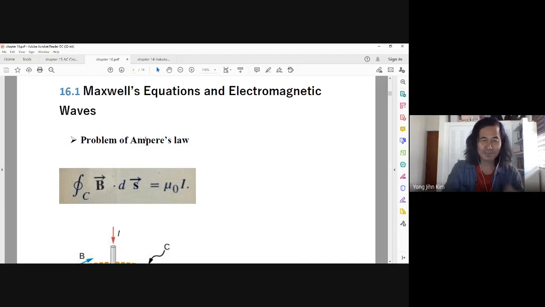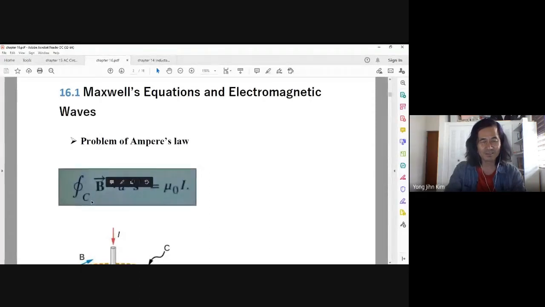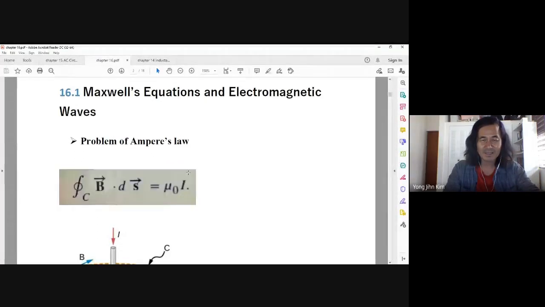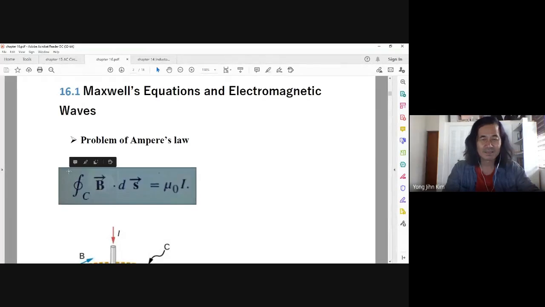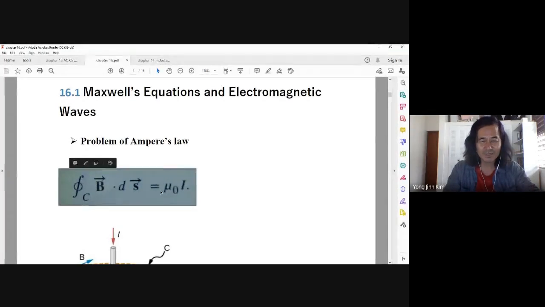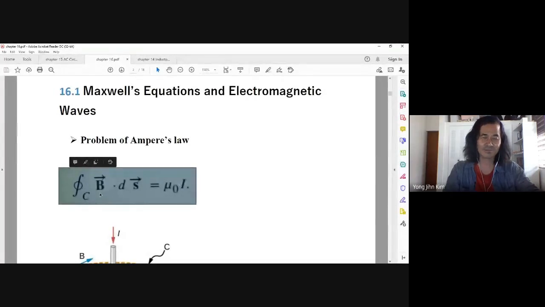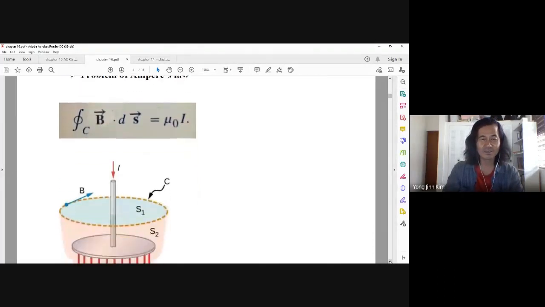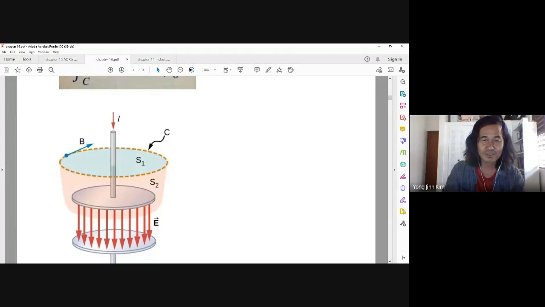You remember Ampere's law said that the line integral B dot dl across curve C is equal to mu0 times the electric current enclosed by curve C. So electric current produces magnetic field. And then he applied Ampere's law.